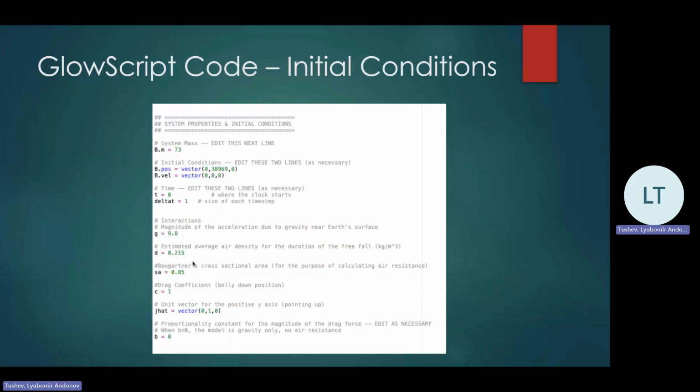The estimated average density was, as mentioned earlier, 0.215 kilograms per meter cubed. The surface area derived from Baumgartner's height and approximated chest width was calculated to be 0.85 meters squared, and the drag coefficient was approximated to be about 1.